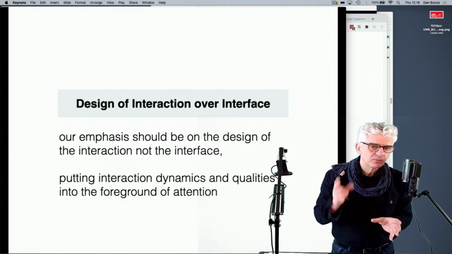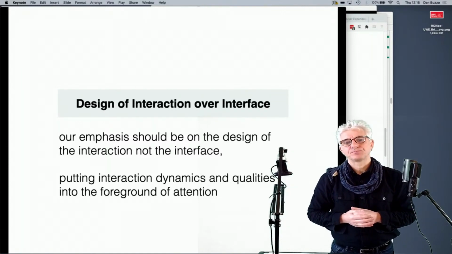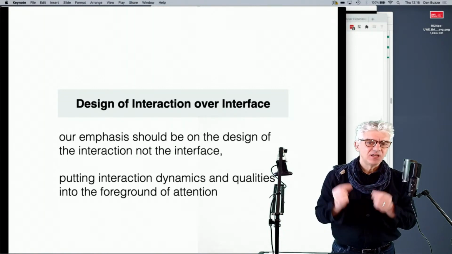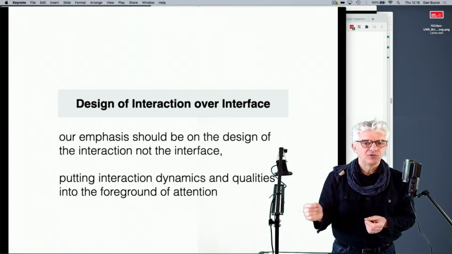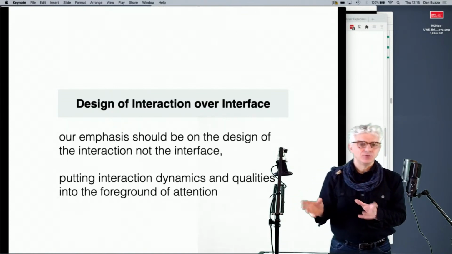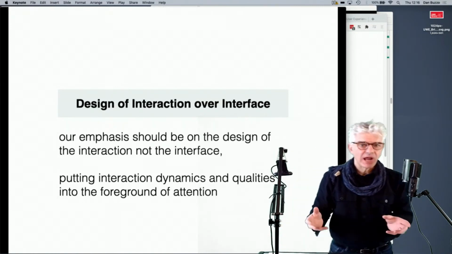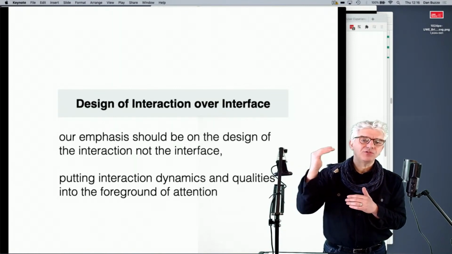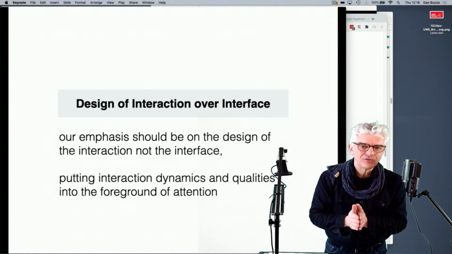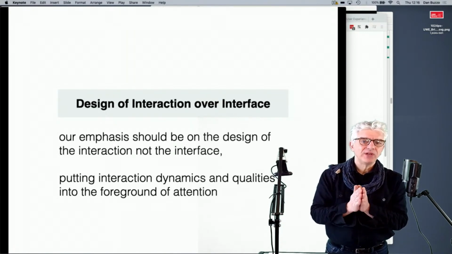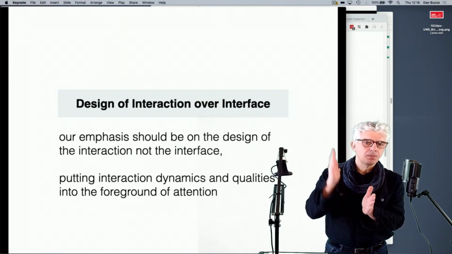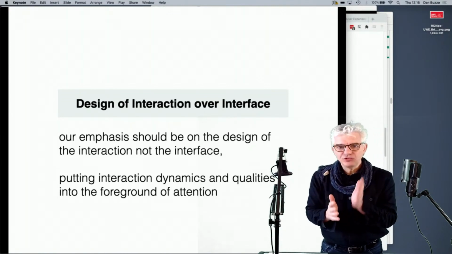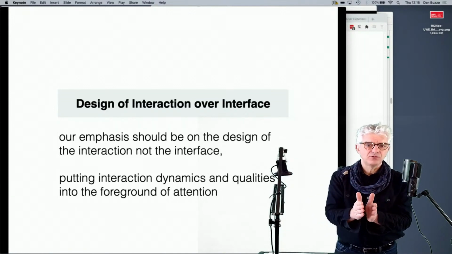Coming back to this issue, we've raised it a couple of times, and it is fundamentally important that we're designing interaction and not interface. UI, user interface design, is an aspect of thinking about interaction design, but it is at the surface layer. The interface is the joining interstitial space between a system and another system, or in our instance, generally a system and a person.